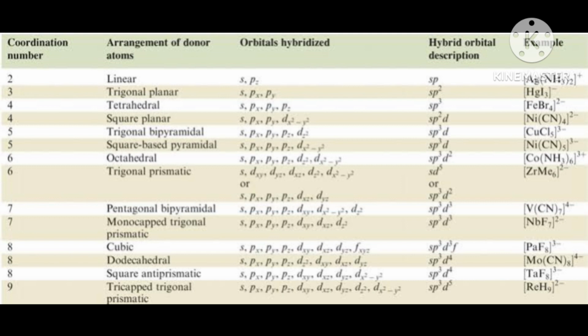Now I am going to discuss the limitation of valence bond theory. You can also call it failure of VBT, valence bond theory. Now I am telling a limitation of valence bond theory.